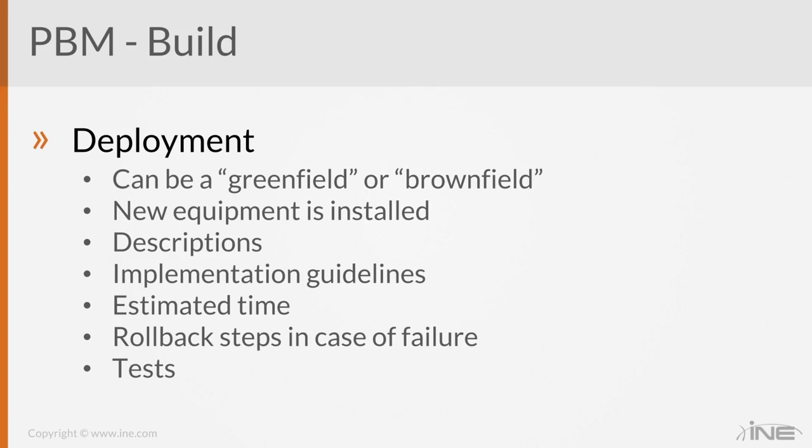You need to estimate your time so that you can actually schedule a maintenance window. And one of the very important parts here is the rollback steps in case of failure. This should be included in your implementation guidelines. It should be included in your estimated time, and it should also fit your maintenance window.